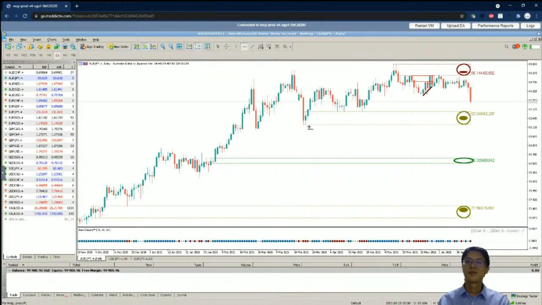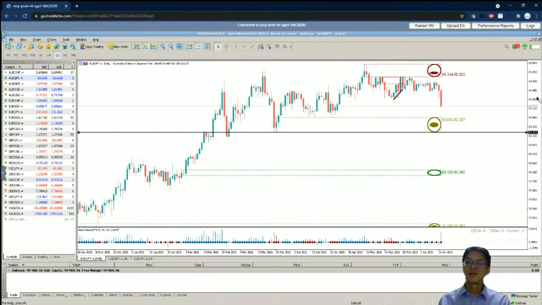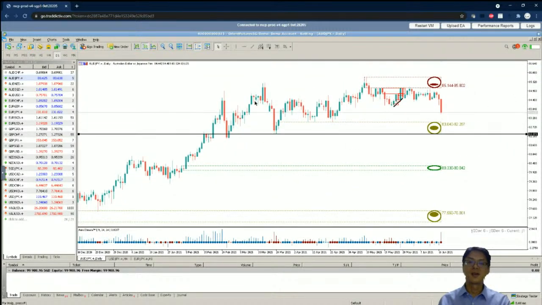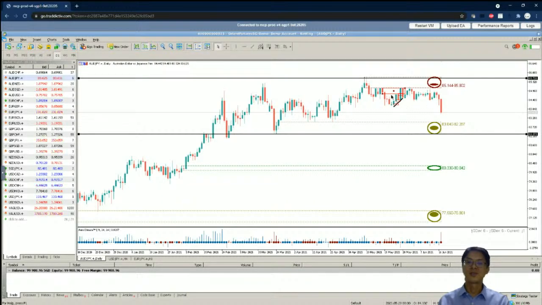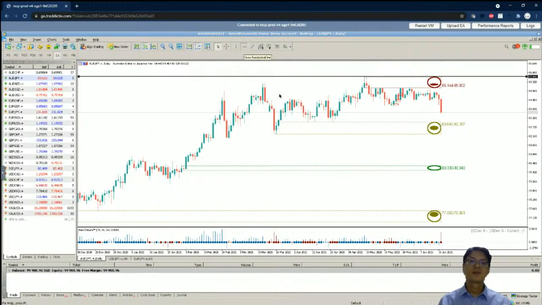If you look at this range of movement here, again, it hasn't really shown a strong move.